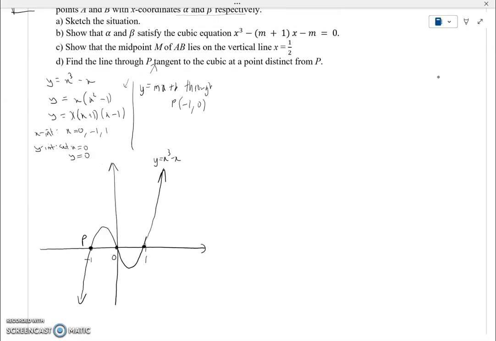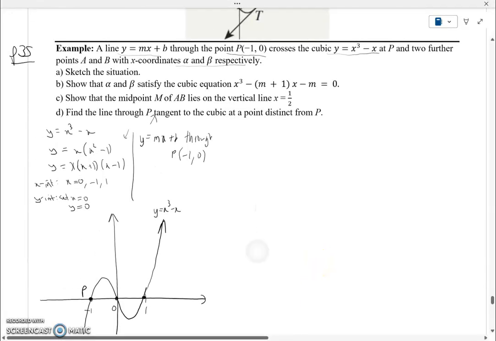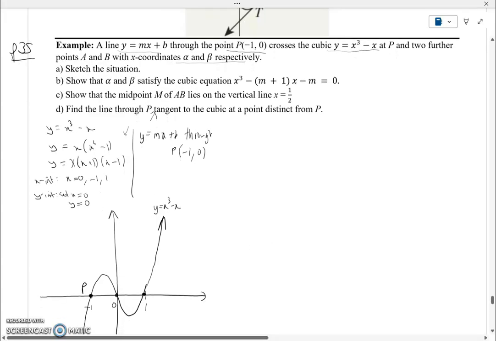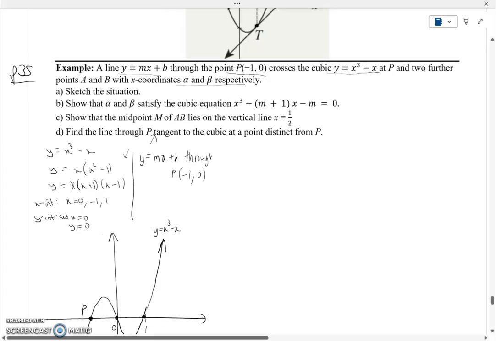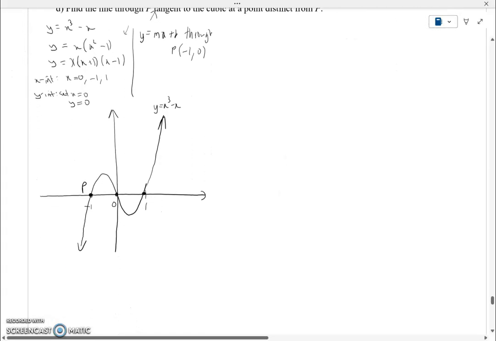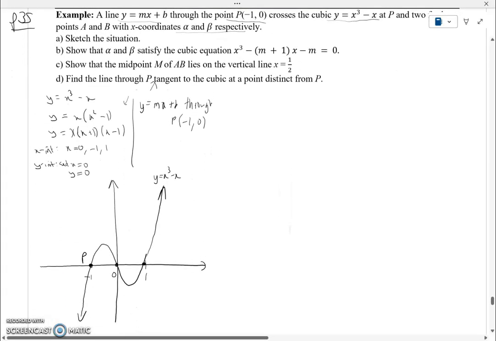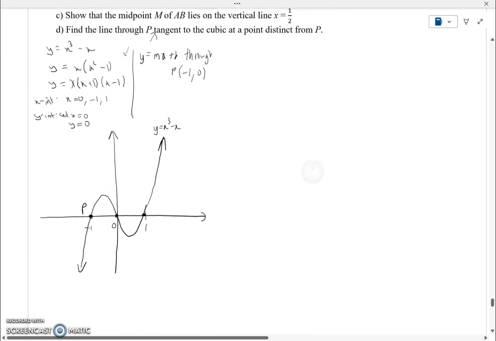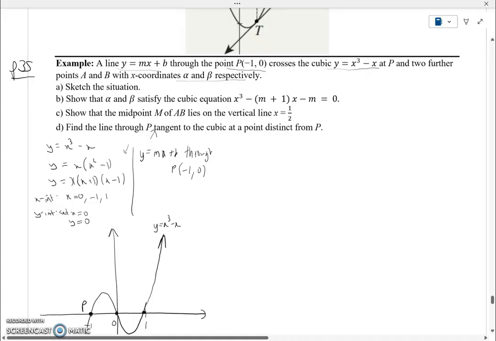What else are we told? So the line crosses at P and two further points A and B with x coordinates alpha and beta respectively. It doesn't say which one's bigger, alpha or beta, so it doesn't really matter. So I can draw some consistency.